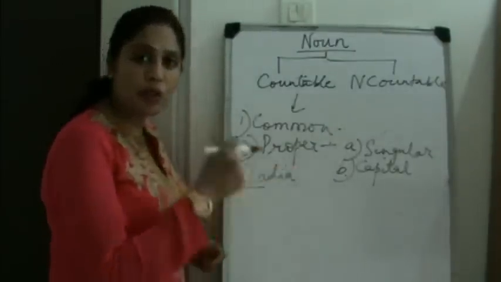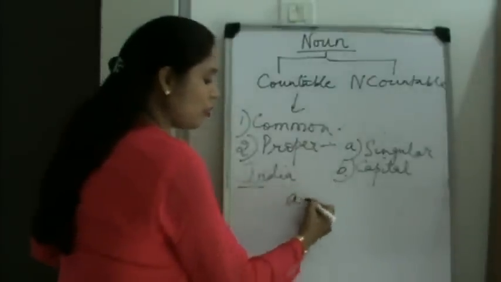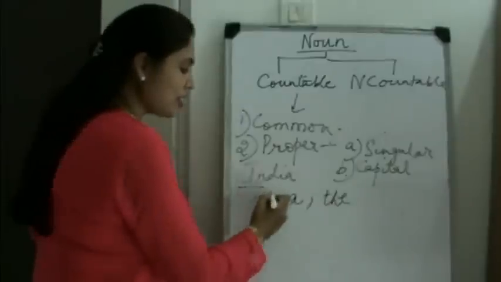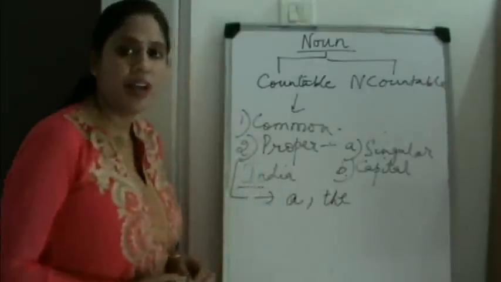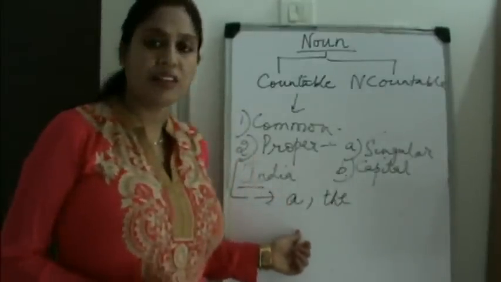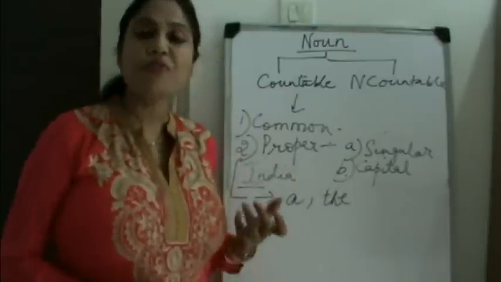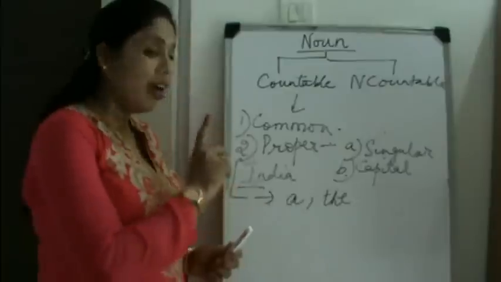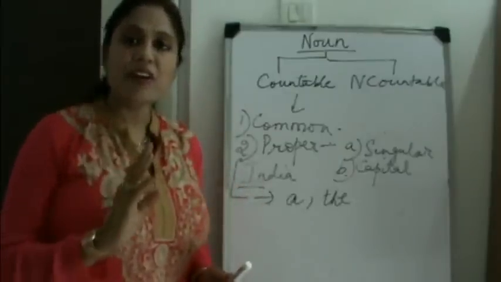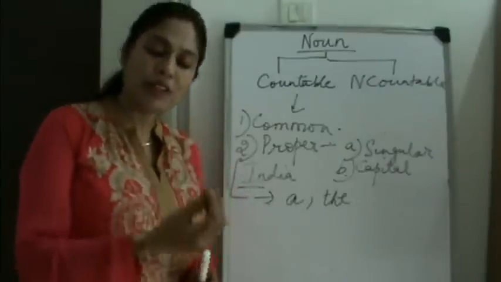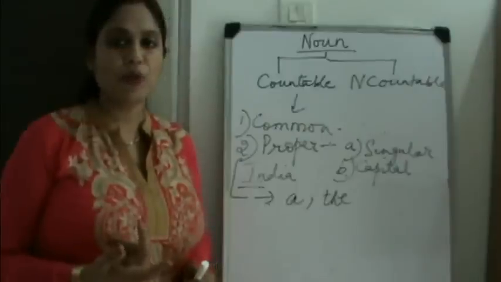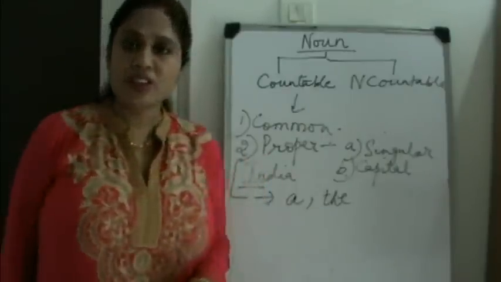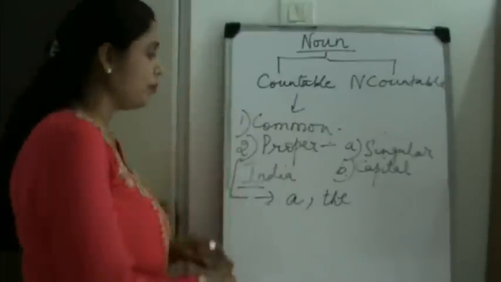Hence, when I make use of this exception, I can make use of the articles a and the. This is the first exception to the usage of proper noun. I can make use of the article a or the in front of the name. I can also give it a plural form. So I can say there are 5 Gandhis in my college. I mean to say that there are 5 people who follow the Gandhian principles. So these are the exceptions connected to the usage of a proper noun.